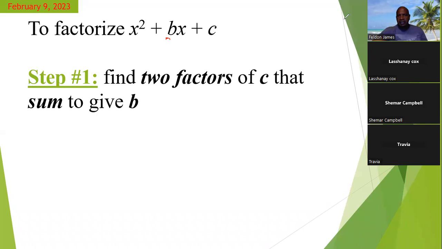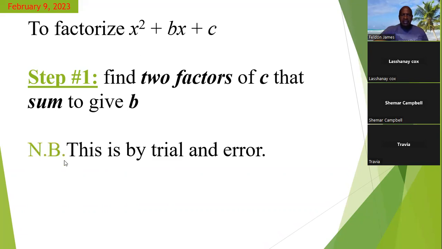That's the first step in factorizing this case. After we have found the two factors of c that add up to b, we go to the next step. Now, for the factors of c, you're going to have to do trial and error to find them. They're not going to come very straightforward.